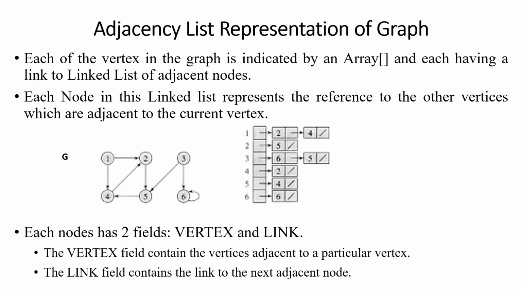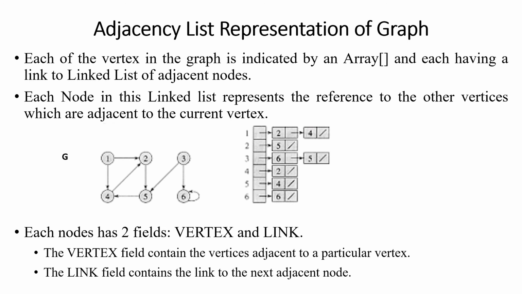Adjacency list representation of a graph makes use of linked lists. There is one linked list for each vertex in G, and each vertex is indicated by the head node. Each node in the linked list represents the reference to the other vertices which are adjacent to the head node.